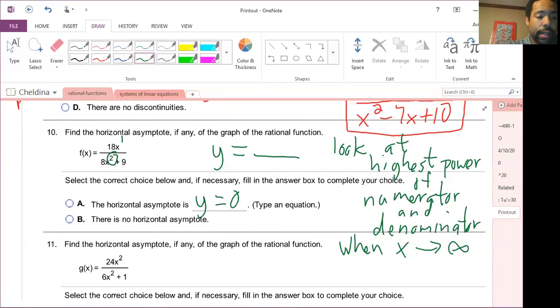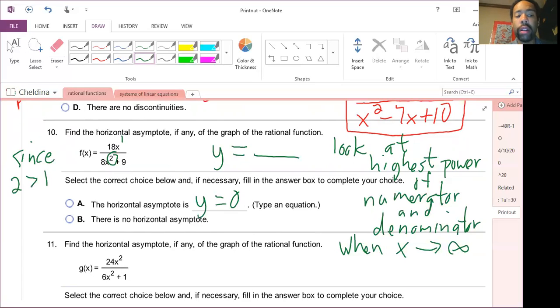So since 2 is bigger than 1, the highest power in the denominator is bigger than the highest power in the numerator. When x gets big, big, big, the whole fraction goes closer and closer to 0. And you can put values of x in to verify that. And so when x gets larger, the whole function gets really, really small. That means that y equals 0 is a horizontal asymptote.